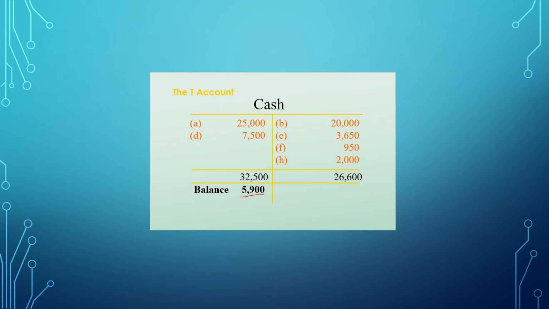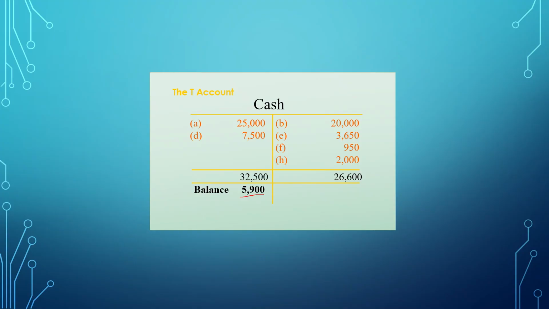Now, this one is placed on the debit side because the debit total is greater than our credit total. So whichever side has the greater total, the balance will be placed there.